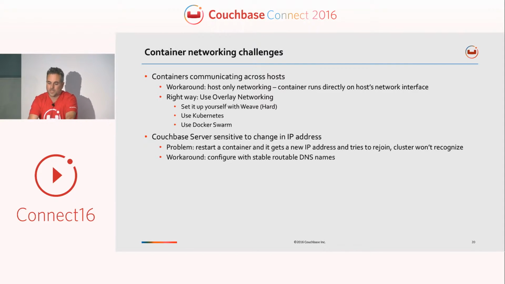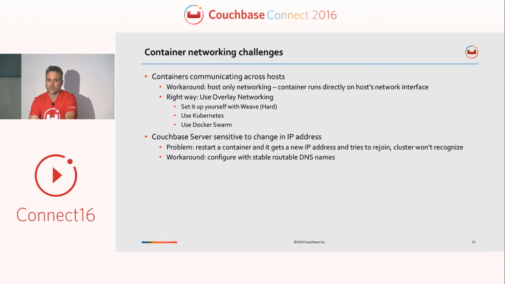The other challenge with containers is networking. If you have containers across different hosts and you run in the default networking mode, those things can't actually talk to each other. If you have a single host, the containers have a route to each other, but not across multiple hosts by default. The right way to solve that is to use something called overlay networking, which essentially adds that for you.